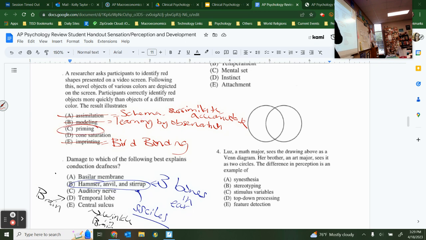It's priming. Priming is basically when you set something up in a certain way so that you see it from that perspective. You basically prepare it. You feed them almost like the answers.